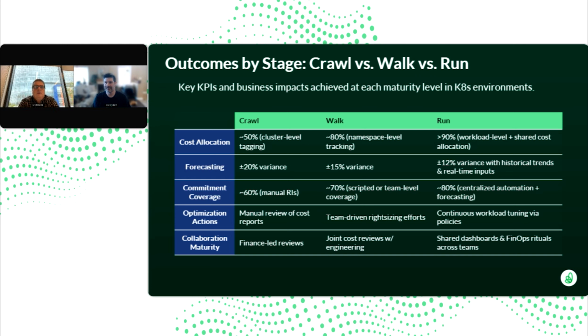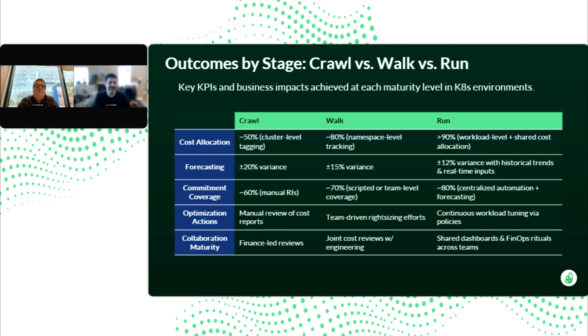And your forecasting may be fairly new, right? You may not be spending a lot of resources trying to understand future forecasting, right? So maybe you're looking at a plus or minus 20%, but you're sort of in that early phase and you're kind of getting there.